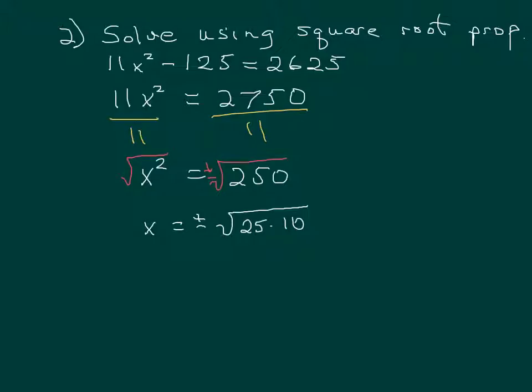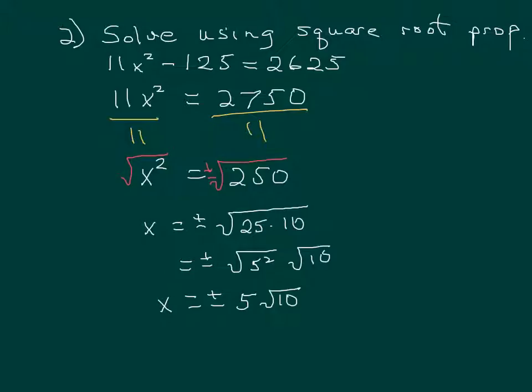The 25 and the 10 can be handled with two separate radicals, and 25 is the same thing as 5 squared. And so the square root of a square is itself, so we have plus or minus 5 times the square root of 10. So that's your answer.